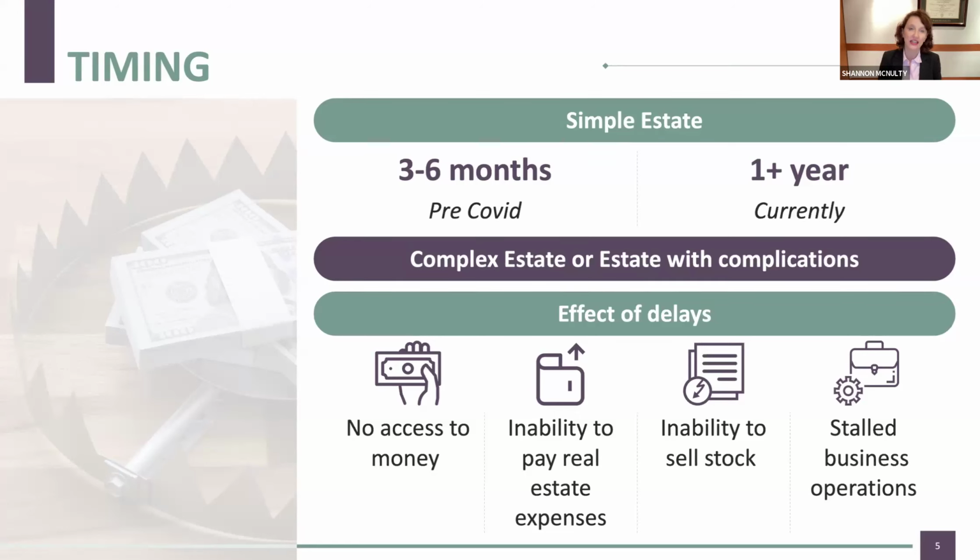That was taking, I would say, 3 to 6 months pre-COVID, maybe even shorter in some counties. And then we were at well over a year for a while. Some counties we still are at well over a year, and some counties have started to get back to where they were pre-COVID. So it really varies depending on whether there's complications, but also what county you're in.